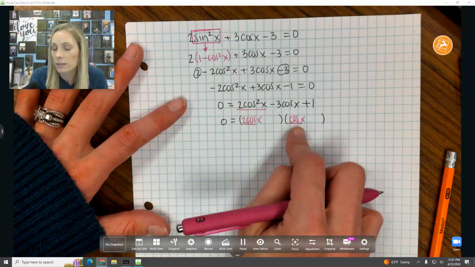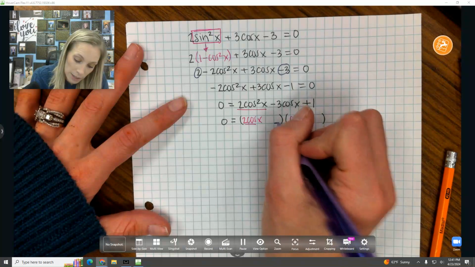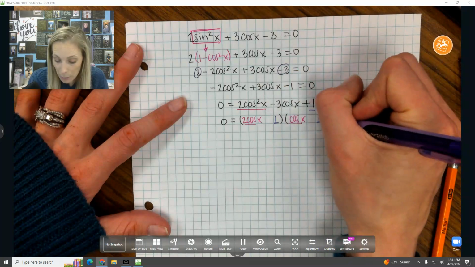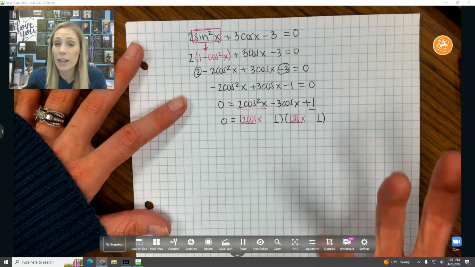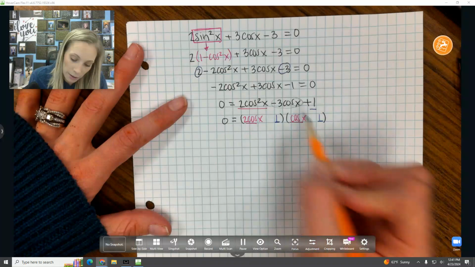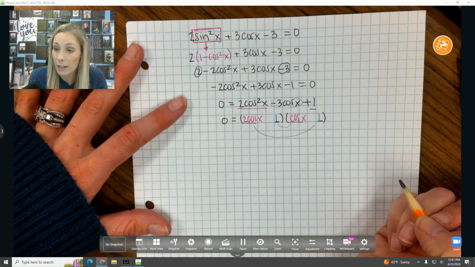So 2 cosine is going to give you 2 cosine squared, and these spots have to multiply to 1. The only way to multiply to 1 is 1 and 1. Now I need to figure out positives and negatives. Those come from this right here. So these have to swoop to be negative 3.